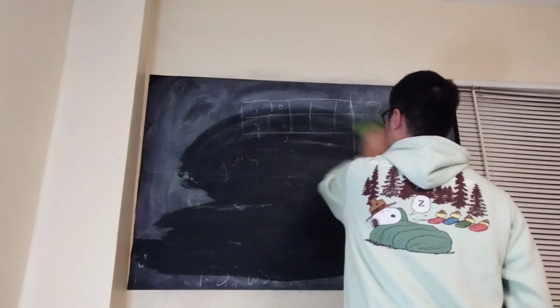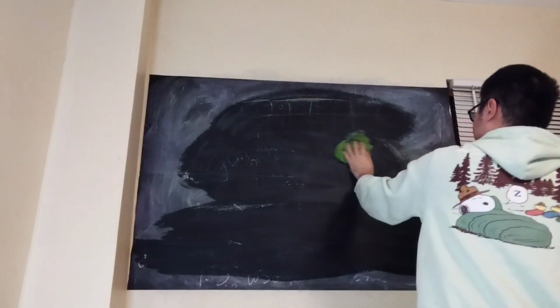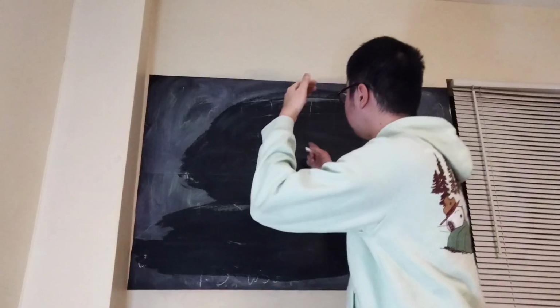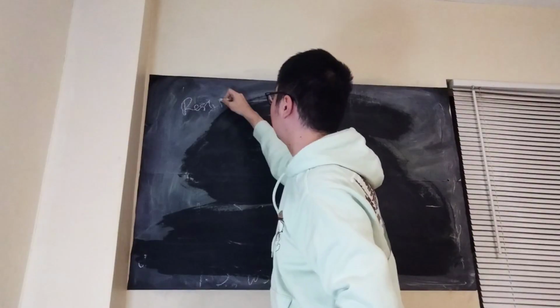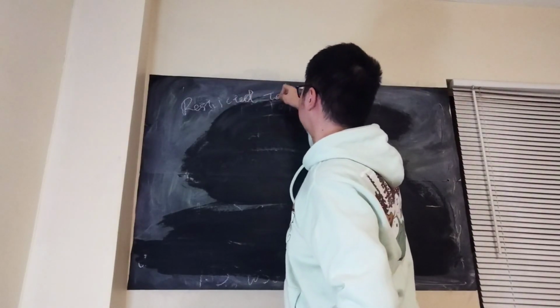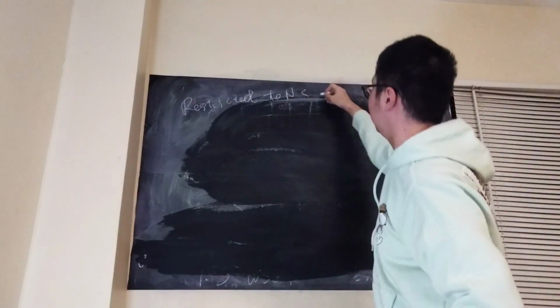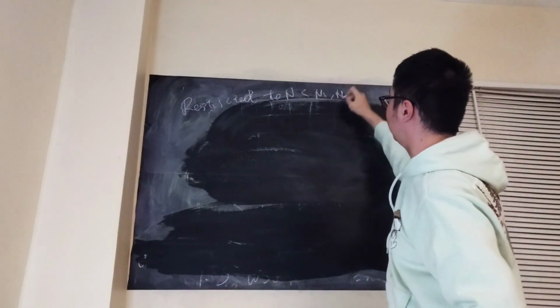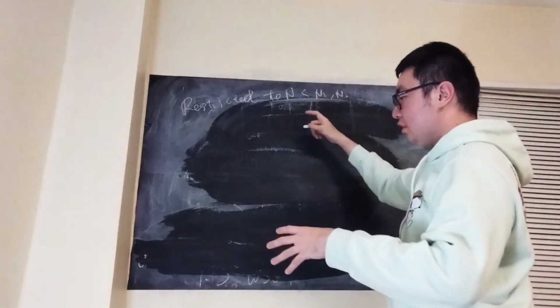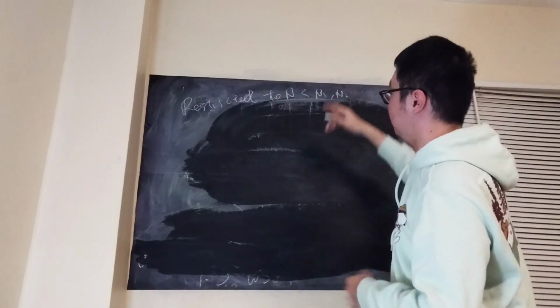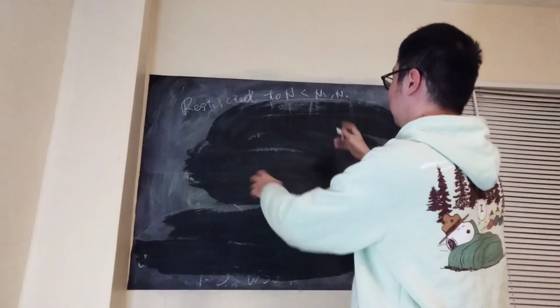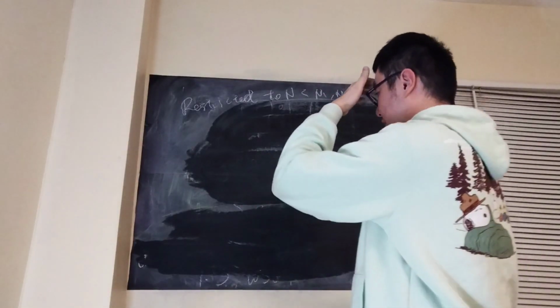But I want to compare this to the classical thing. So the first thing I have is that this is restricted to n less than the length of the first vector, n1, and the length of the second vector, n2, and let's restrict to the n we care about. And what do we have?